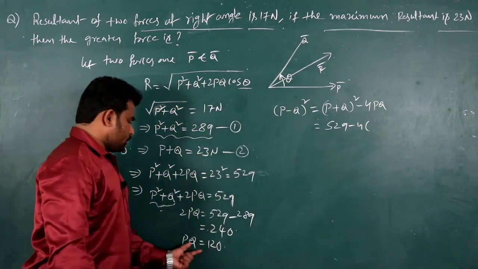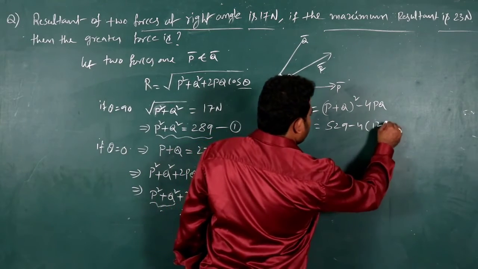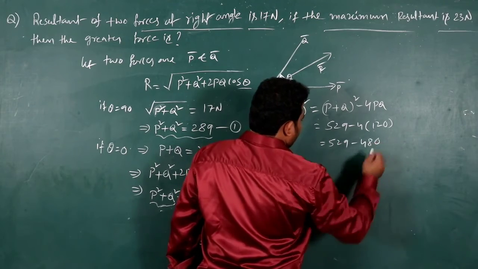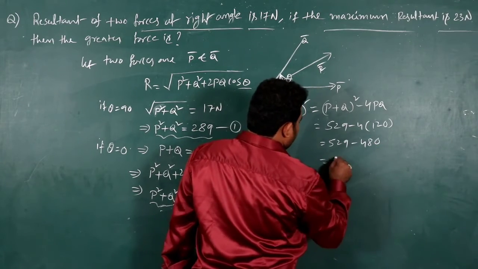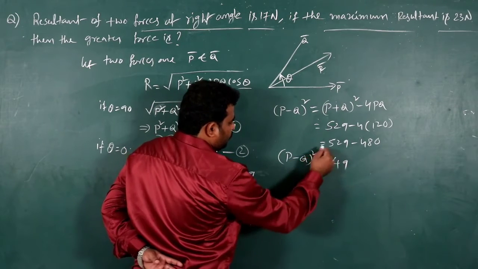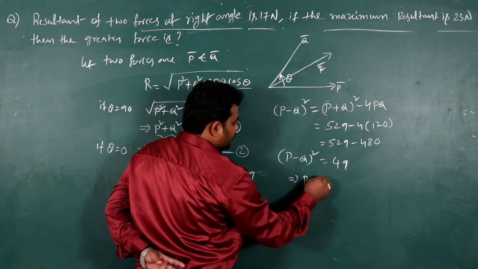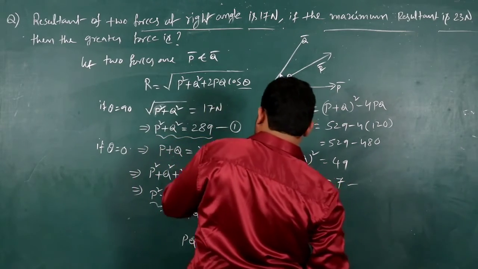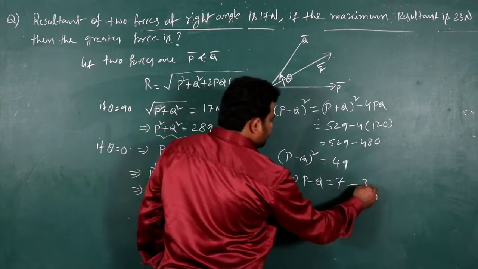What is the value of PQ? 120. So then we'll get 529 minus 480. This will become 49. So P minus Q whole square is equal to 49. That implies P minus Q is equal to 7. Let us take this as the third equation.